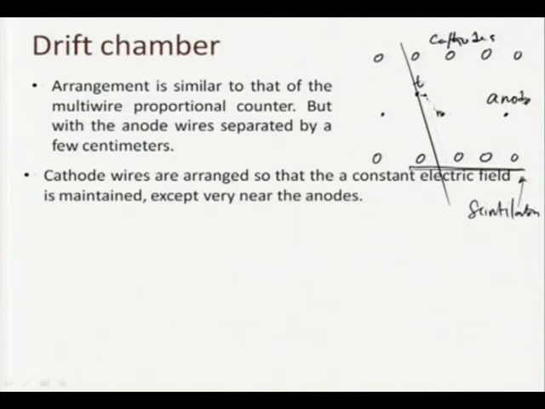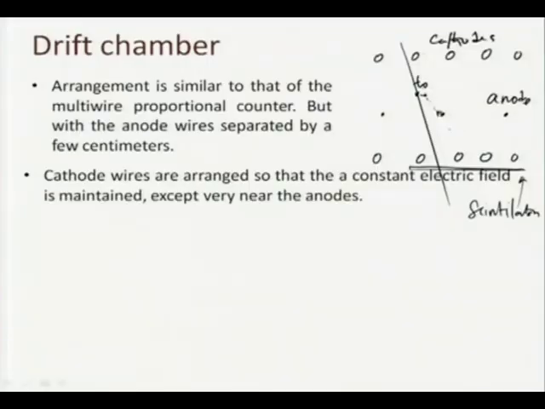So, roughly we know when the primary electron is produced. This is with the help of an additional fast detector, which is helping this drift chamber in finding the distance or the position of the particle's entry.